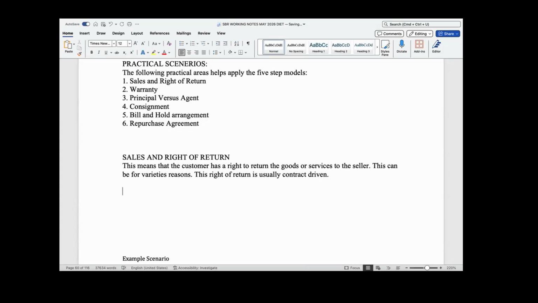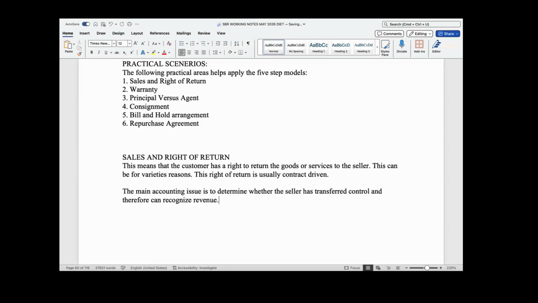Now, the main argument here, or the main accounting issue here, is to determine whether the seller has transferred control and therefore can recognize revenue.